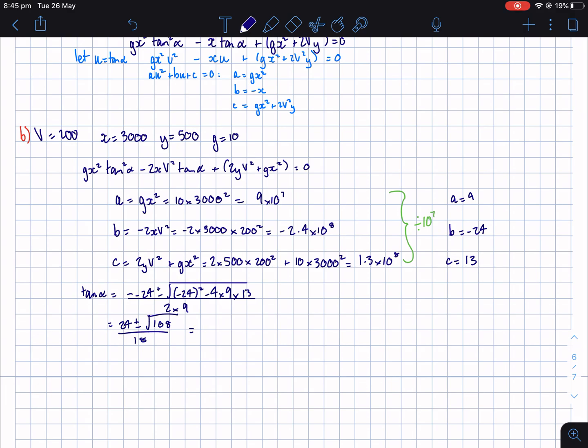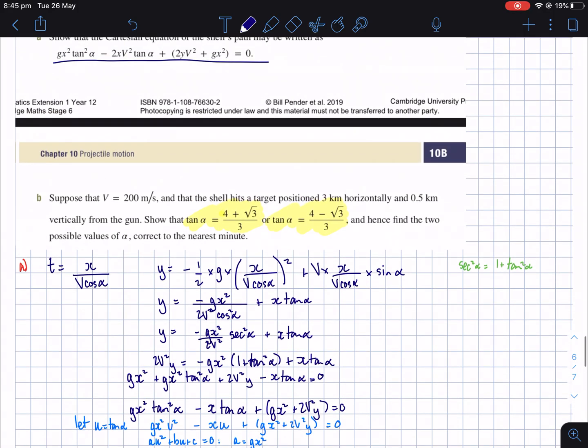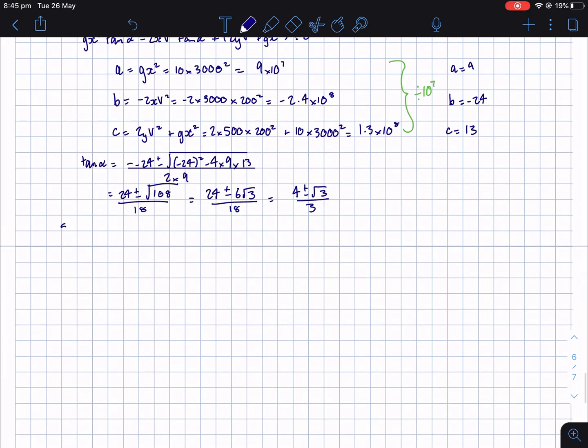Square numbers that go into 108: that's 36. So 6 root 3 over 18. Divide all those by 6 and I get 4 plus or minus root 3 over 3. Which is what they wanted. So tan alpha equals (4 plus root 3) over 3, and tan alpha equals (4 take root 3) over 3. Cool beans.